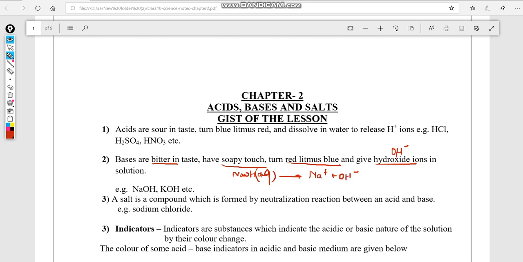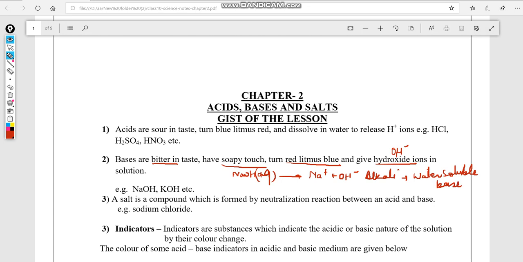So bases are the substances that release hydroxide ion in their aqueous solution, and those bases which are soluble in water are known as alkali. So what do you understand by alkali? Water soluble bases. Water soluble bases are called alkali.